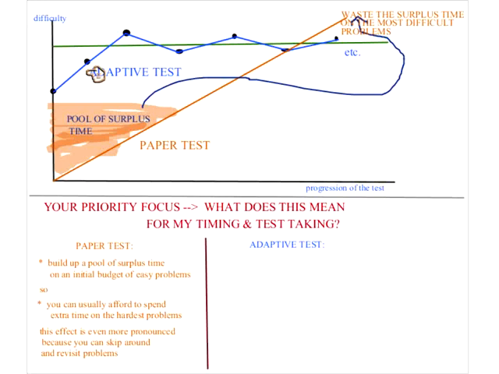Because you start out at middling difficulty levels, and it very quickly gets to know you and starts throwing problems at you that are difficulty appropriate. So the biggest deal is you are absolutely not going to have a pool of surplus time. You just won't have one. It's not going to exist.